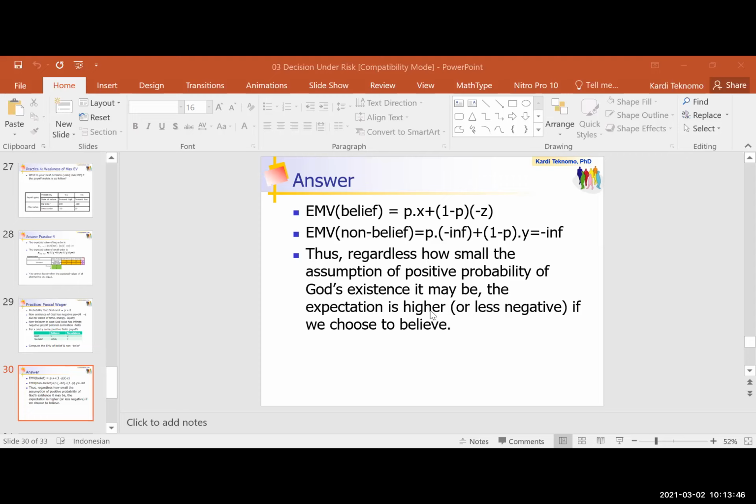And the EMV of non-belief must be negative infinity. So in that case, your decision will be to believe, right? Then you can say, look, believing God exists is actually a logical conclusion. Can you see it?